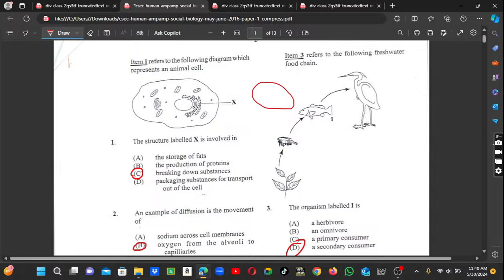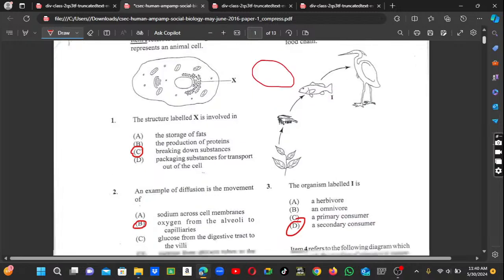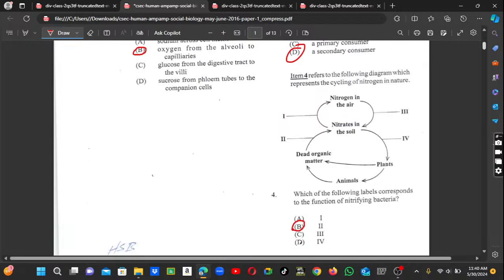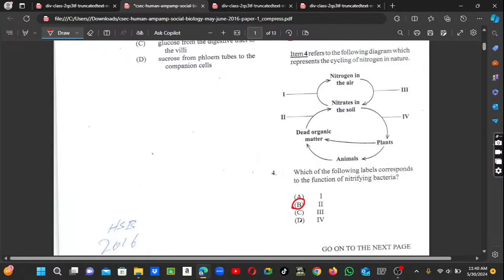Now moving along, number 4. Just move my hand a little bit faster. We can see there's a diagram showing the cycling of nitrogen in nature. Here we have nitrogen in the soil, dead organic matter, plants, animals, and so forth.